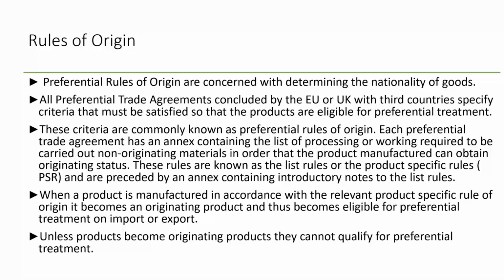Each preferential trade agreement will have an annex containing the list of processing or working required to be carried out on non-originating materials in order that the product manufactured can obtain originating status. So if I were manufacturing house alarms, say in Northern Ireland, to ship to the rest of the world, but I got components in from all over the world, right?